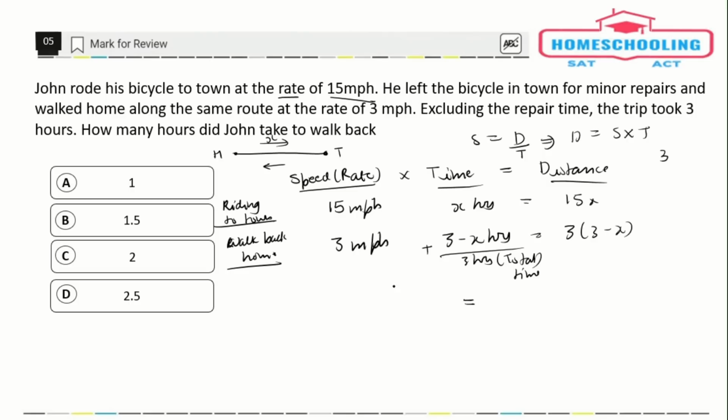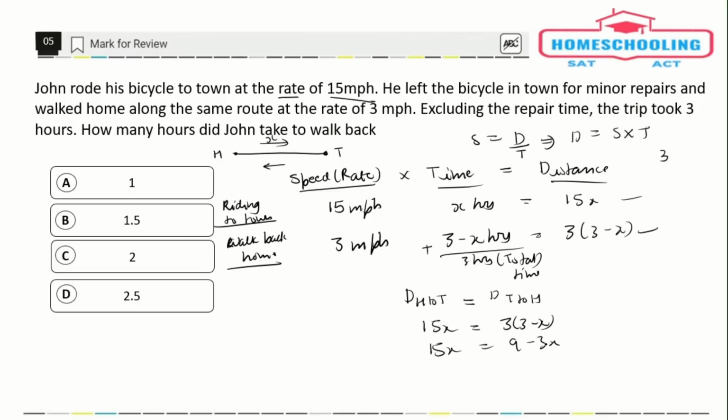So 15x equals, for walking back from town to home, 3 into 3 minus x. Now we are going to solve it and we'll find our answer.